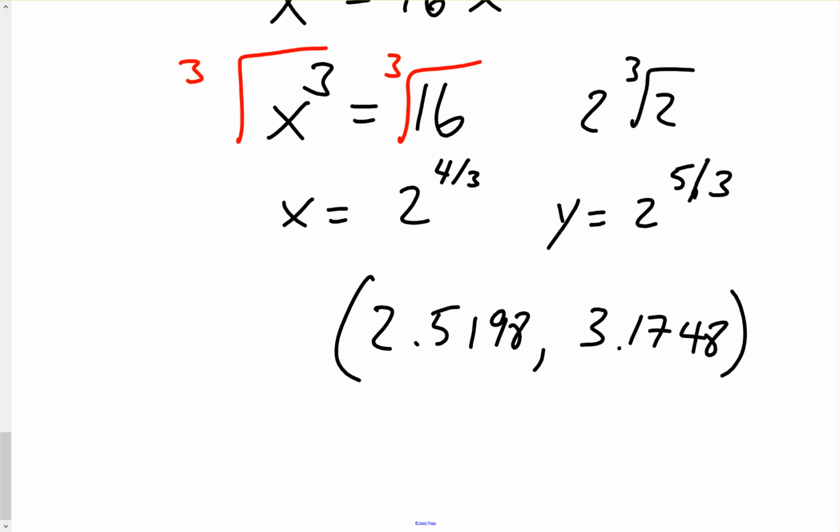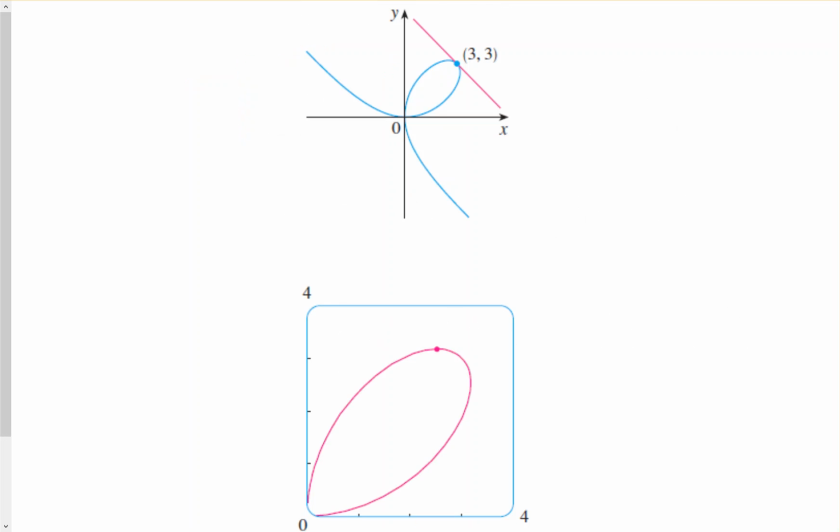Let's take a look at the graph. So this is the graph of the folium of Descartes. This was the equation of the tangent line at 3, 3. y equals negative x plus 6.